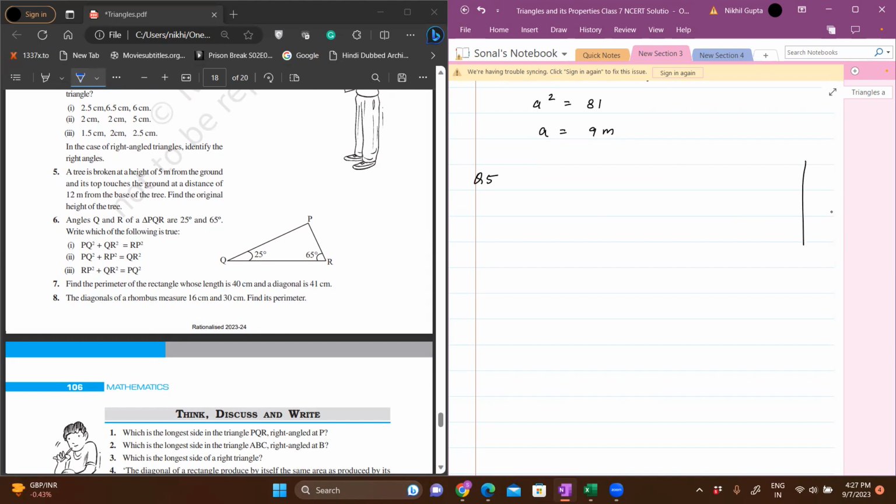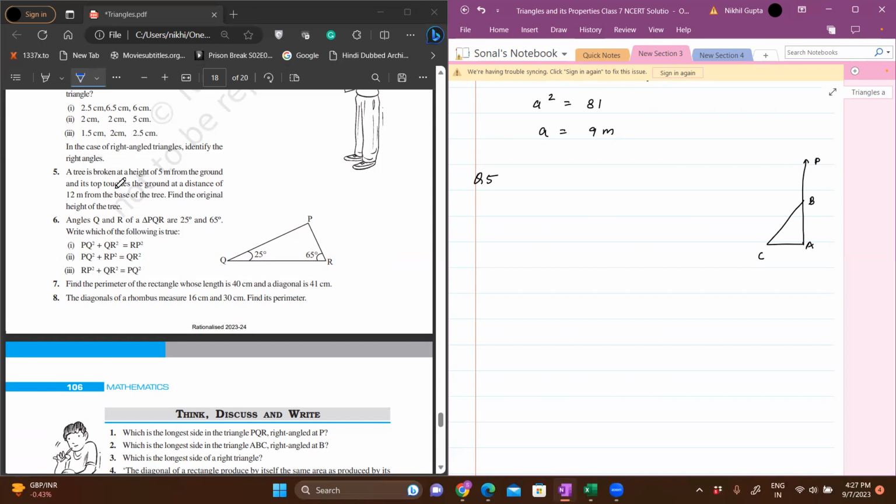So there is a tree which is broken at a height of 5 meters from the ground. I am taking it as P, this as A, B, C. So the question is saying that the tree is breaking from a point B, right?